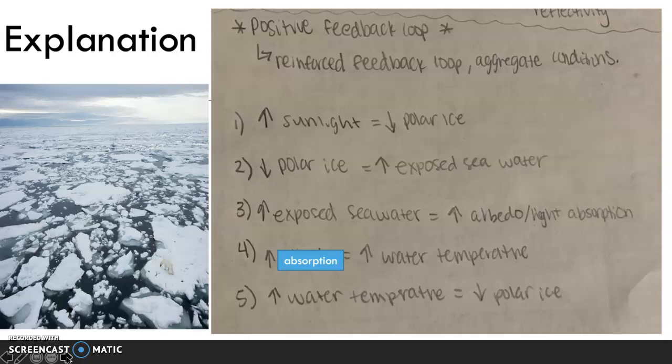So the more sunlight means less polar ice means more exposed seawater equals more light absorption, but technically a lower albedo, and then higher absorption of the heat increases the water temperature, which then lessens the polar ice, and it just aggregates those conditions as I mentioned earlier.